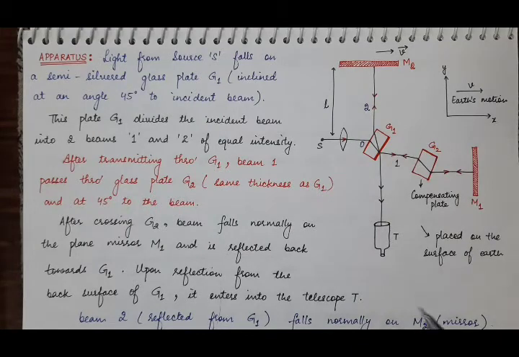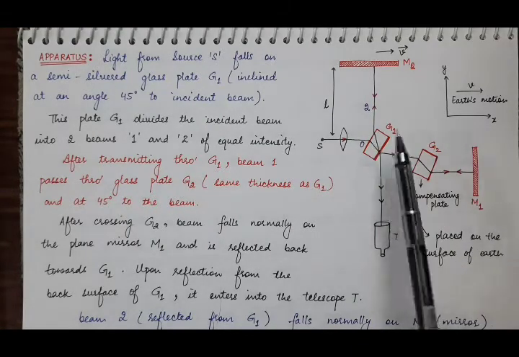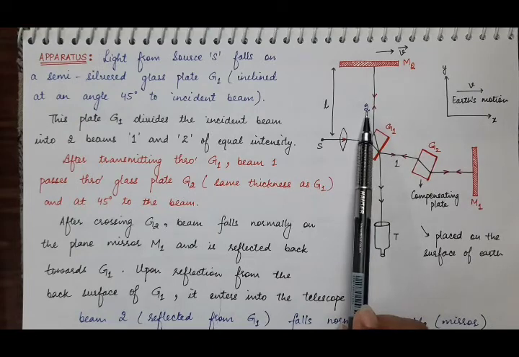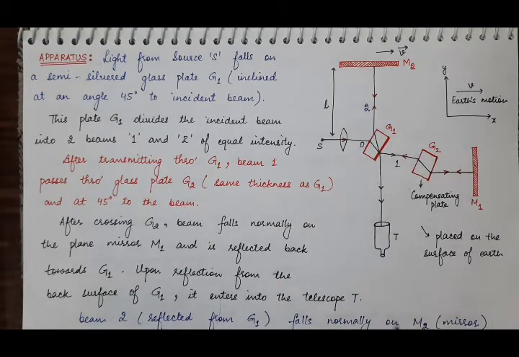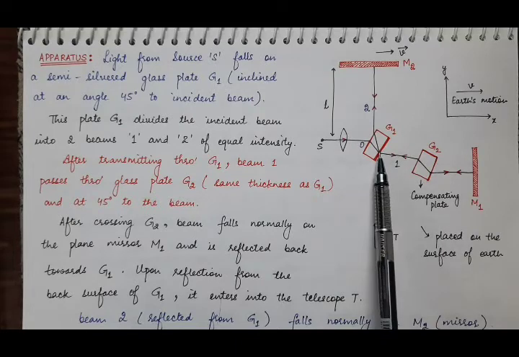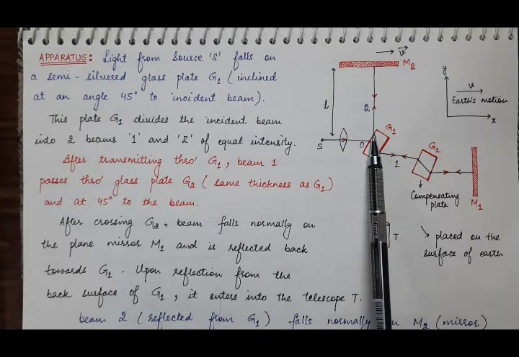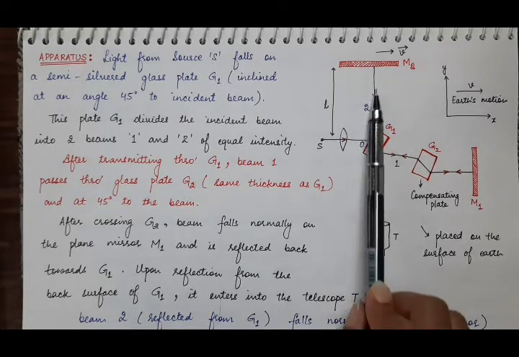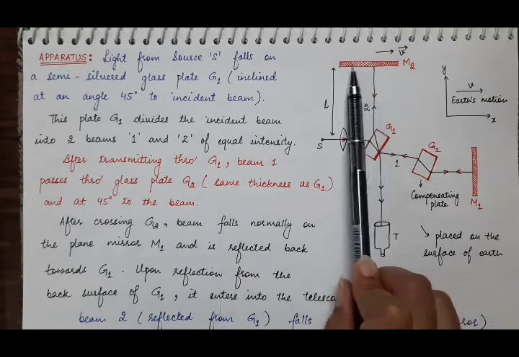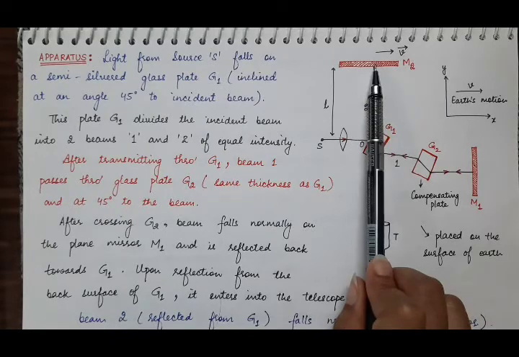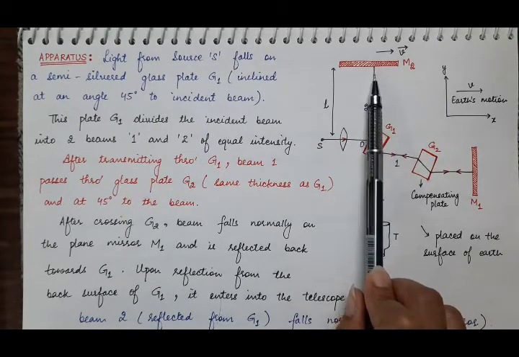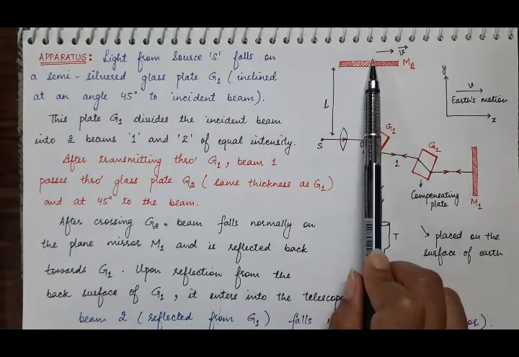As you can see, this beam number 2 passes through this glass plate G1 two times. After getting reflected from this back surface, it is passing through this glass plate, then falling normally on this plane mirror M2, and then getting reflected back from its surface.